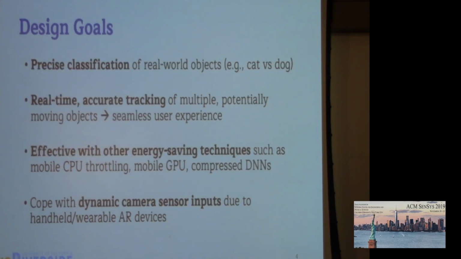So the design goal for this kind of object detection based AR system is this. We need precise classification, because we don't want to overlay information related to a cat on top of a dog. Also, we need real-time accurate tracking of multiple, potentially moving objects in order for the user to have a seamless AR experience.